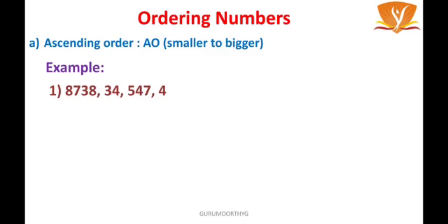8738, 34, 547, 4. Here all the numbers have different numbers of digits. We are going to arrange smaller value to bigger value. We know the comparison rule: the number with fewer digits is lesser, and the number with more digits is greater.